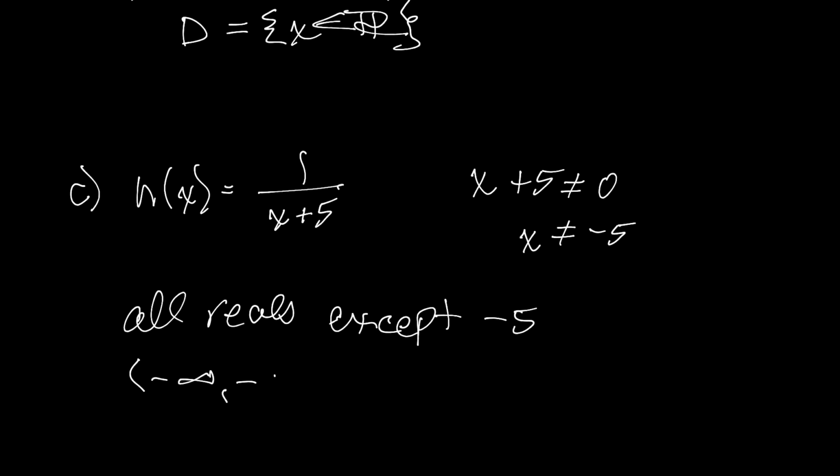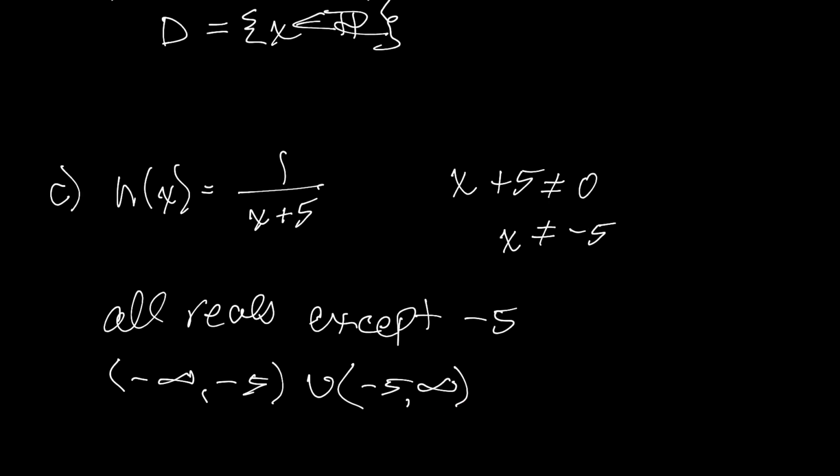You may or may not remember this from algebra, but you're doing a union of two open intervals. So everything from -infinity up to, but not including -5, in conjunction, united with everything from -5, but not including -5. That's why this is a parenthesis, not a bracket, up to infinity.